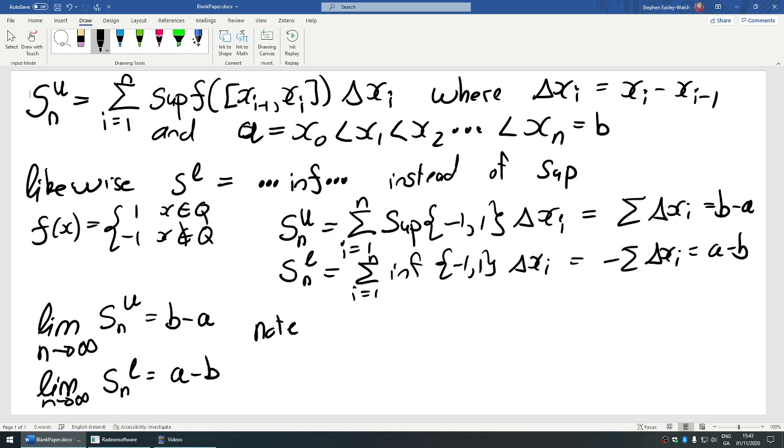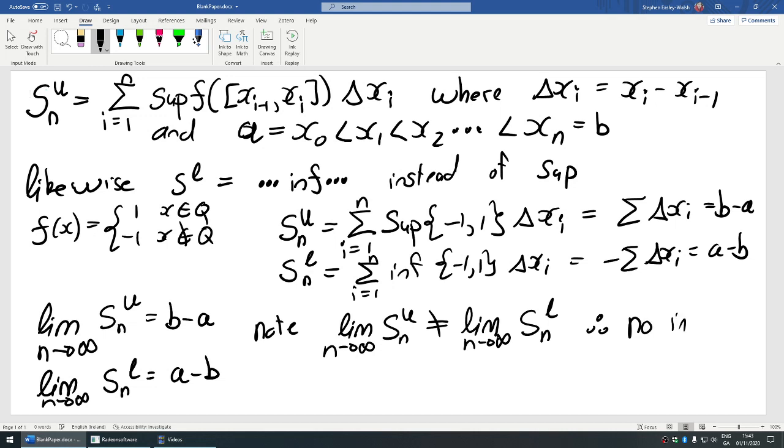Note that the limit as n goes to infinity of S_n upper will not equal the limit as n goes to infinity of S_n lower. Therefore, there's no integration here, because these are supposed to converge to the same limit.